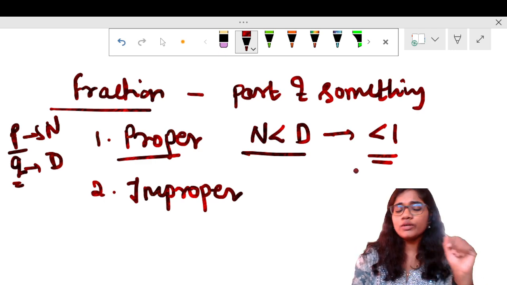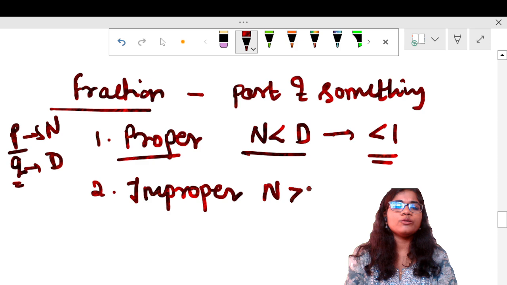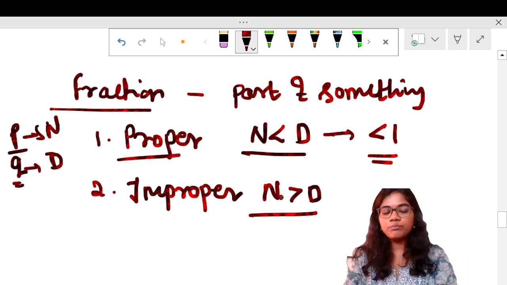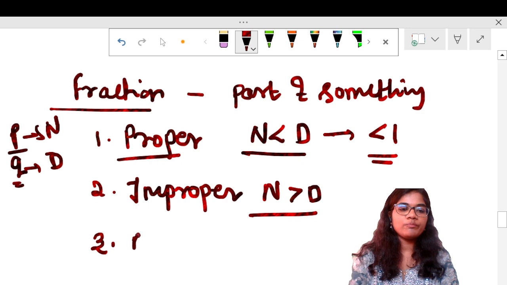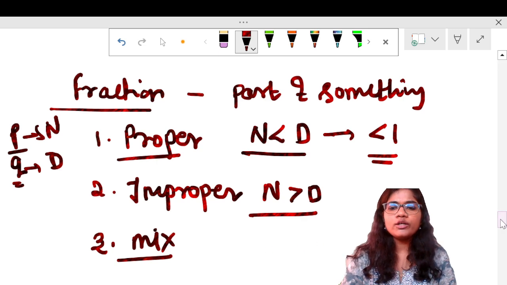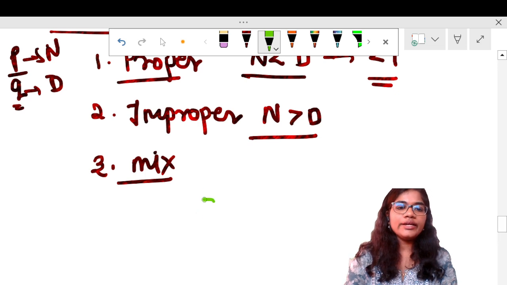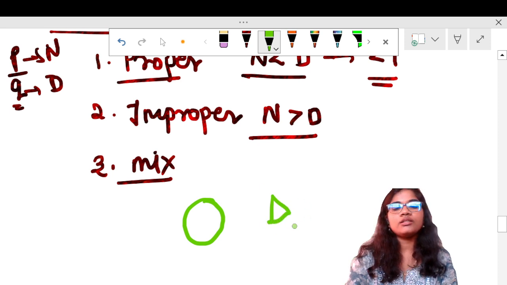Then can you tell me what an improper fraction is? Absolutely correct. When the numerator is greater than the denominator, that fraction is called an improper fraction. Alright. Now there is a third type also. That is the mixed fraction. What is a mixed fraction? We were talking about pizza, right? Suppose you ate one whole pizza and a slice from another pizza.